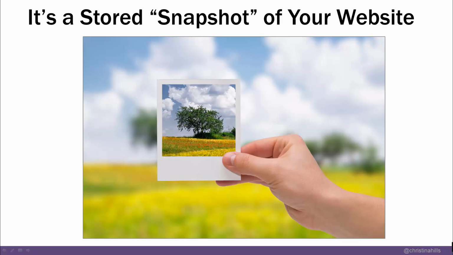So you want to think of caching as like taking a Polaroid. It's a snapshot of your site. By taking a snapshot of your website, it kind of fixes in time what your site looks like. Let's say you've got your About Us page, and you haven't changed it in weeks, it's not something you're necessarily changing every day.